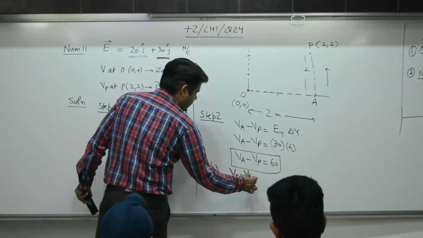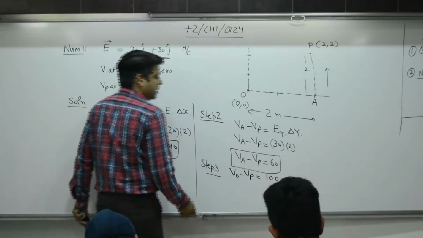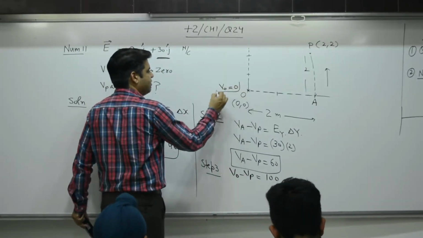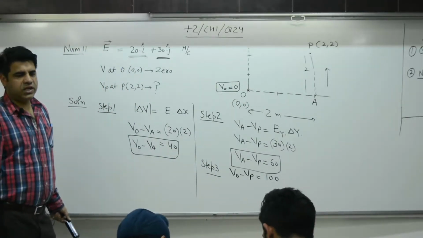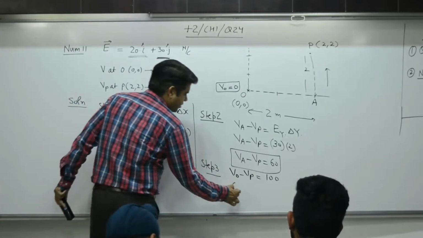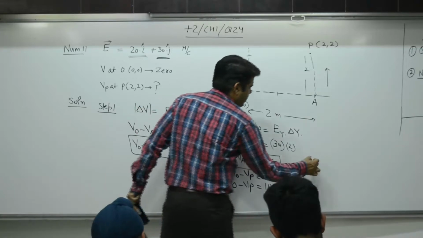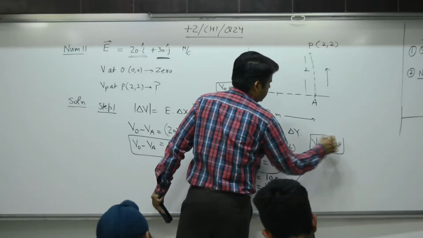VO minus VP is equal to 40 plus 60, 100. Potential at this point VO taken as reference, given in the question. Check. Potential at origin is taken as 0. So 0 minus VP is equal to 100 means VP is equal to -100.